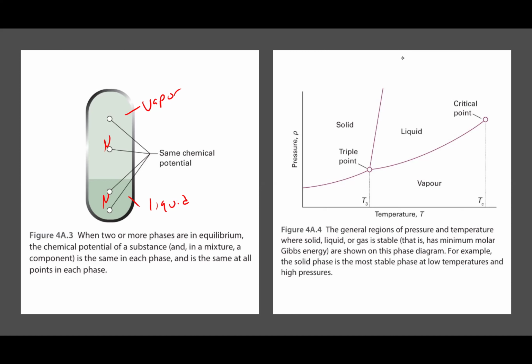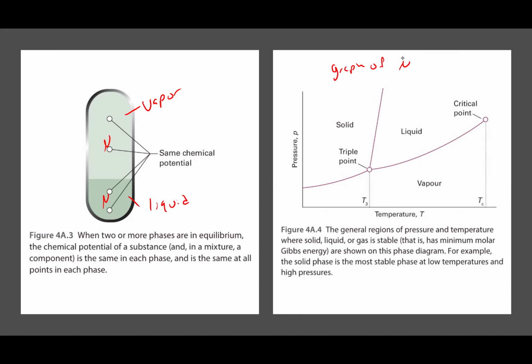We are writing the boundaries here. This is a whole graph of mu, basically. It's basically a big graph of mu as it changes with pressure and temperature.